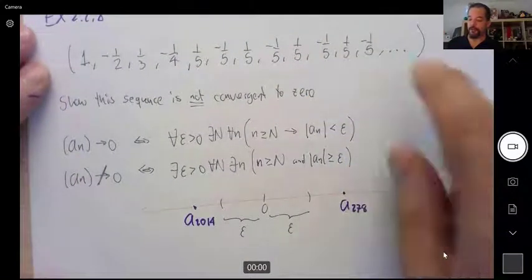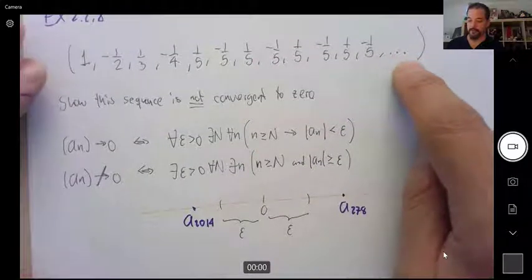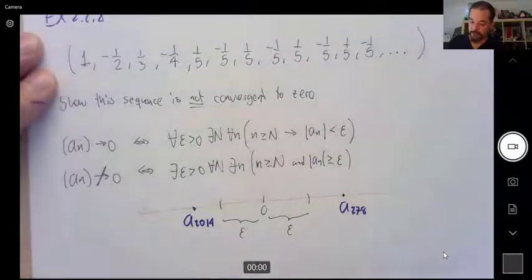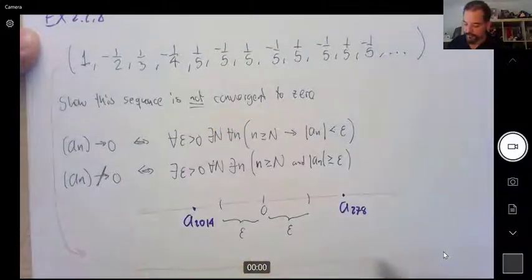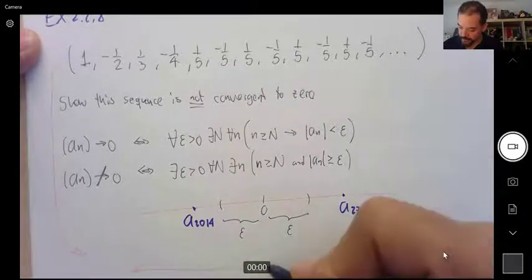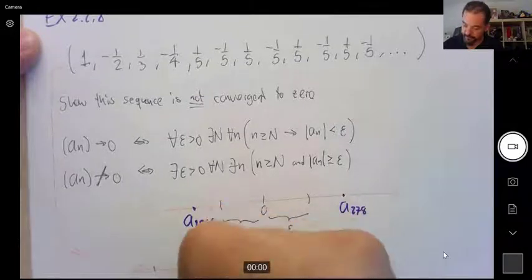Now, how do we do it with this specific one? Maybe we should draw the picture of that sequence. It's actually kind of an easy one to draw. We need 0, and let's put 1 over here and -1. That's all we need.